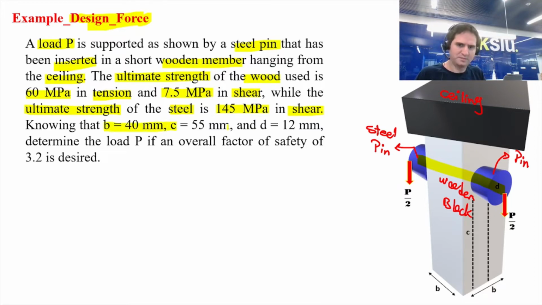B is 40 millimeters, C is 55, the diameter of the pin is 12 millimeters, and if the factor of safety for the entire system is 3.2, what is the design force which applies to the pin?